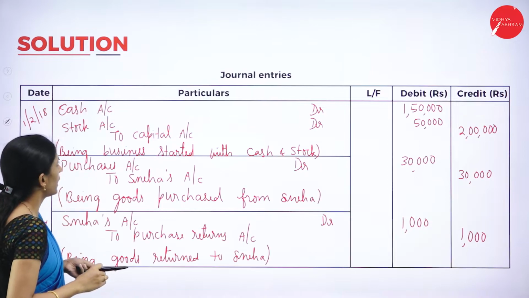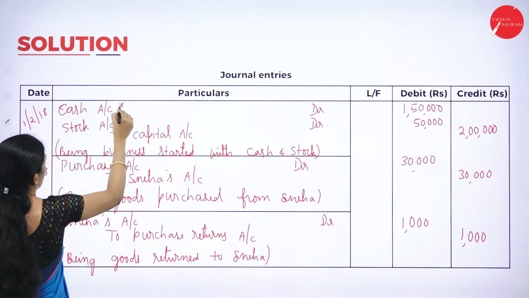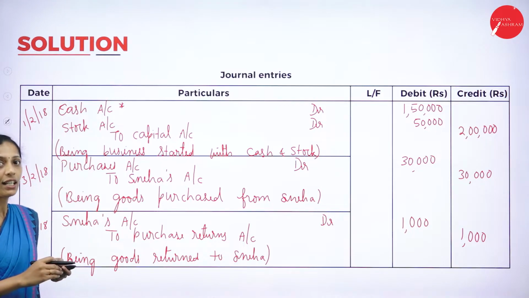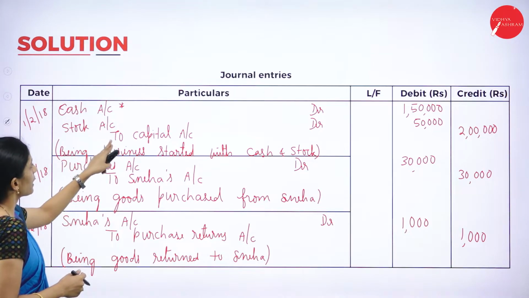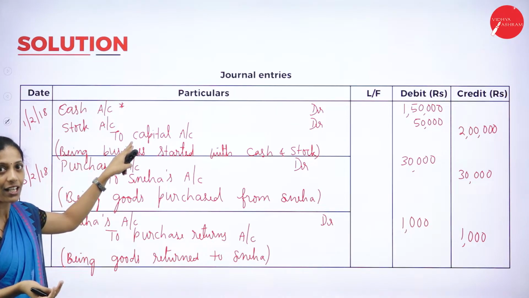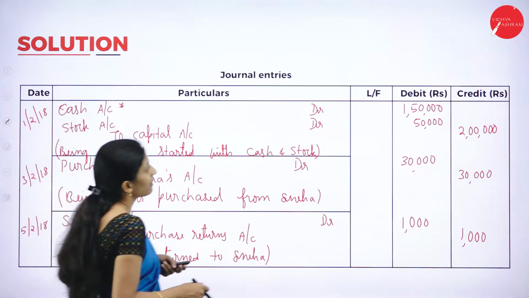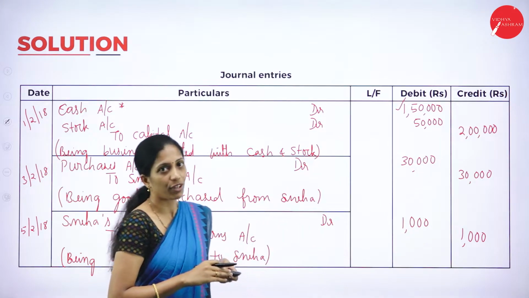So go through the journal. So see here, where is cash account? So here there is cash account. So what is the entry? Cash account debit, stock account debit to capital account. Now how do you write? So cash account, here it is, the other account that has been credited is what? To capital account, but you will write the amount that is there in the cash account, that is 1,50,000.